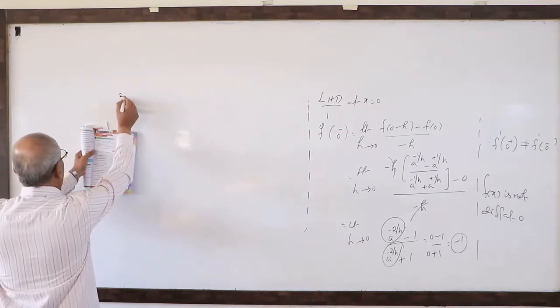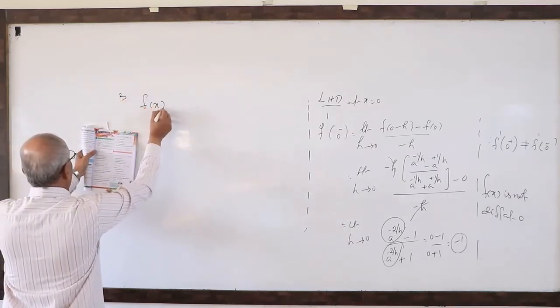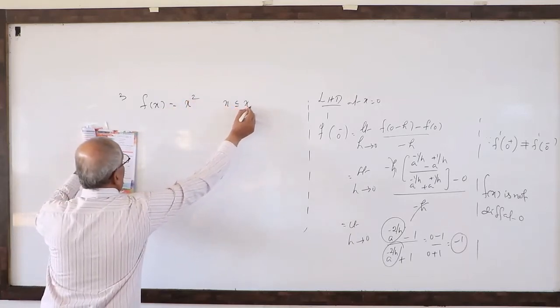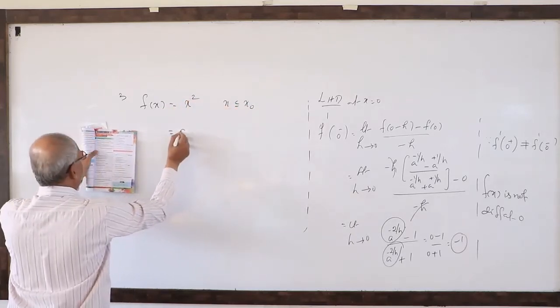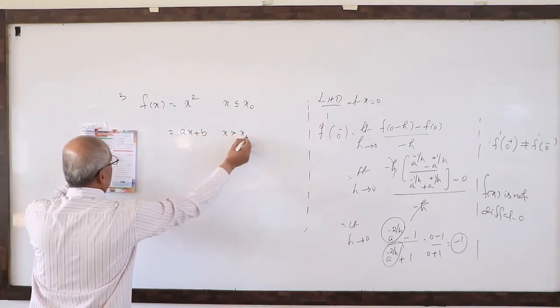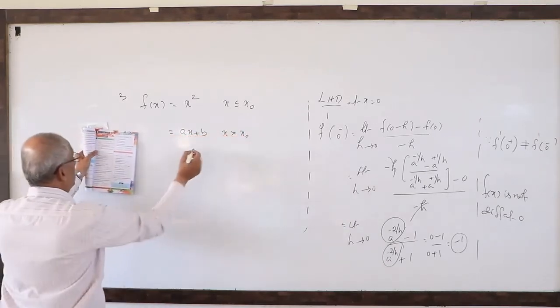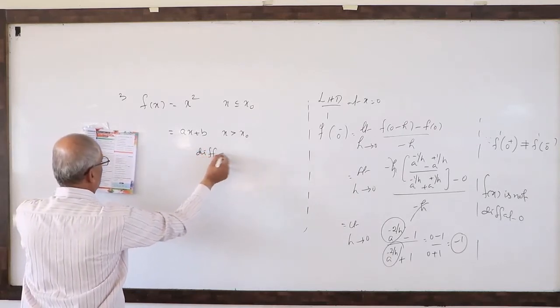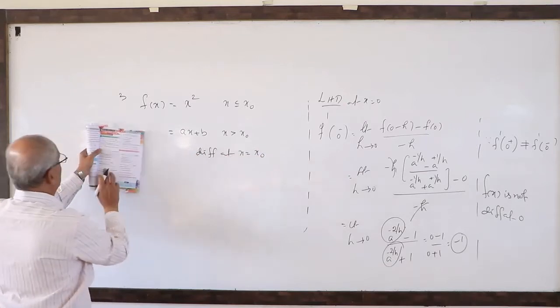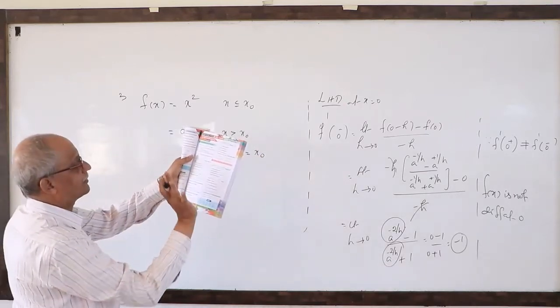Broken up in the domain, f of x is equal to x square whenever x is less than or equal to some number x naught, and a straight line otherwise. Given that it is differentiable at x naught, he is asking for the values of a and b.